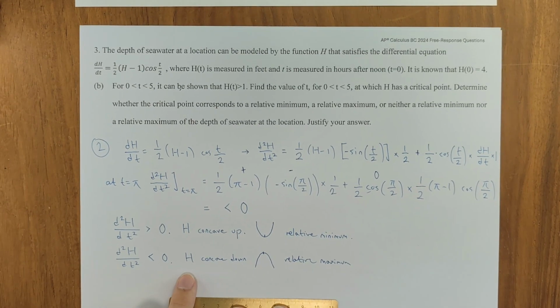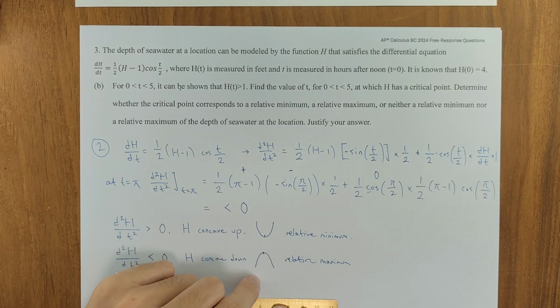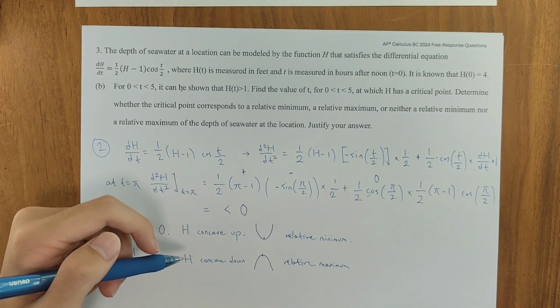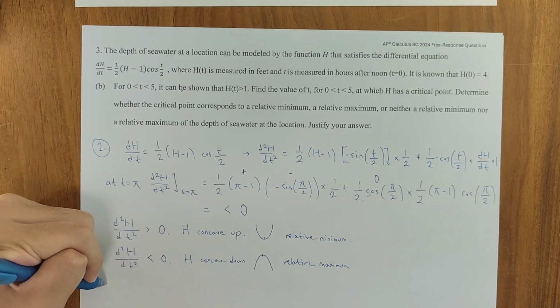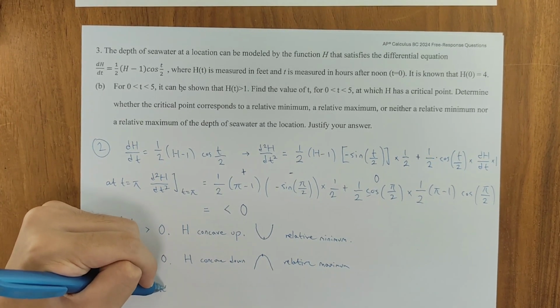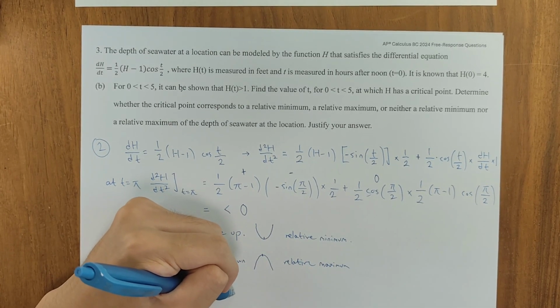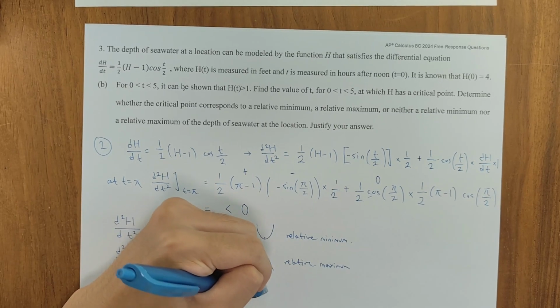So at t equals pi, it has a relative maximum. So at t equals pi, there's a relative maximum at h.